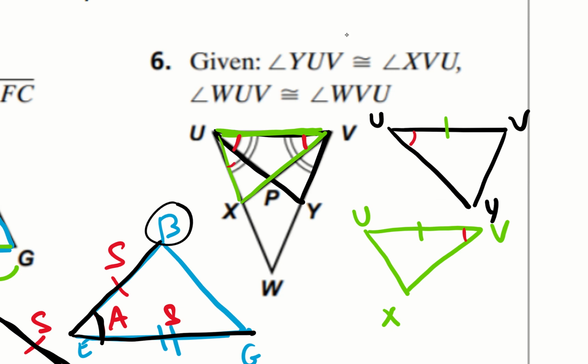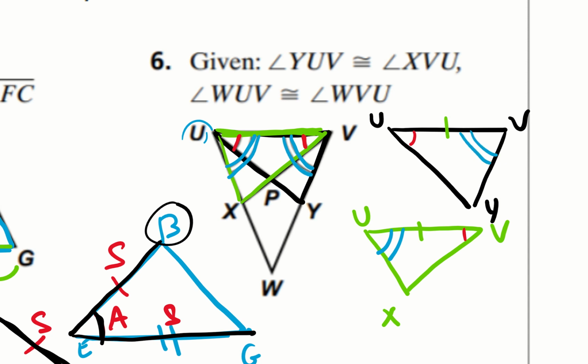We also know that this, let me look at that other angle. Hold on. Okay, so they tell us that this angle right here, which has to do with angle U, is congruent to this angle, which is angle V right here.